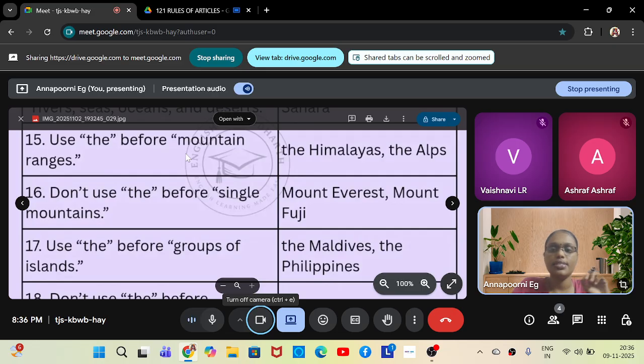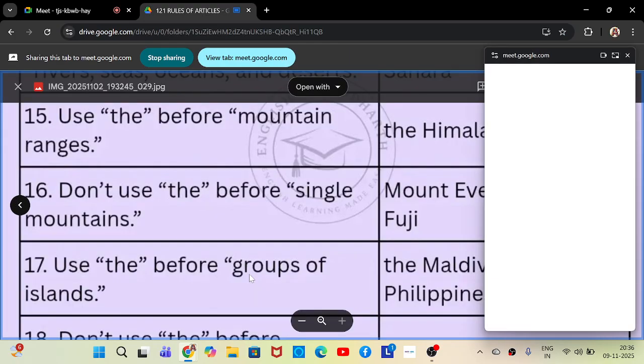For example, we don't say the Mount Everest because Mount Everest is a single mountain. Similarly, Mount Fuji. But Himalayas and Alps already have an S. It is plural. So for plural mountains, you can use the, but not for singular mountains.